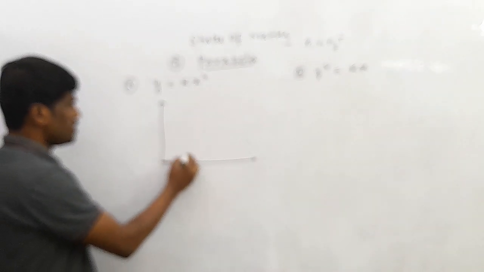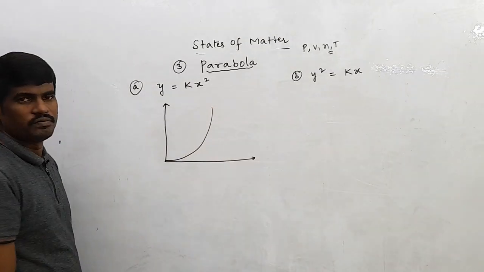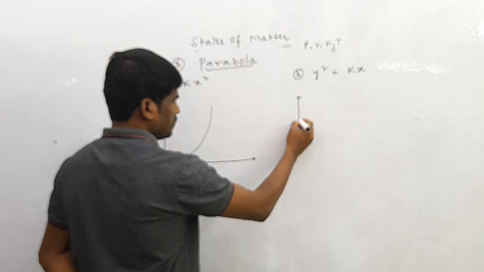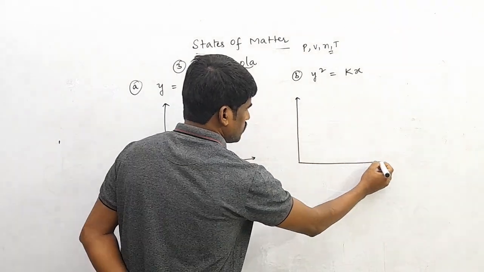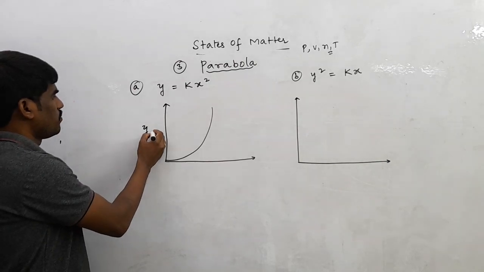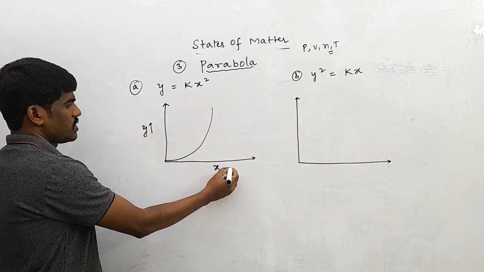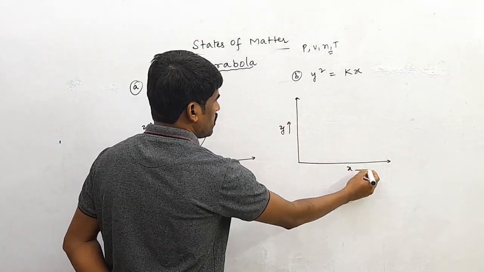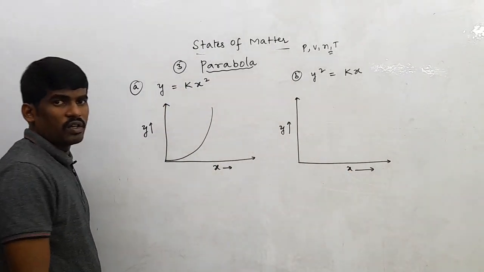This is about y is equal to kx square, right? And in a similar way, y square is equal to kx. This is the y component and this is the x component. Hope you are following it.